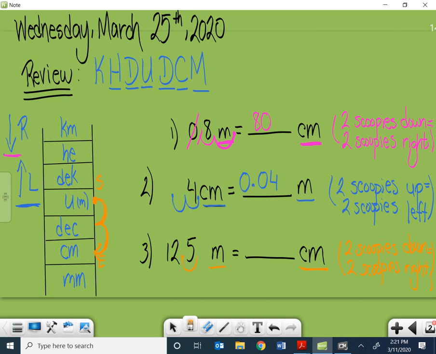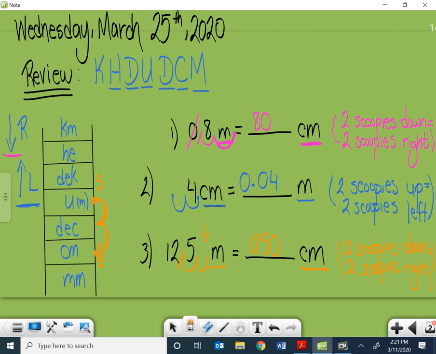So 1 scoopie, which is the 5, and then 1 more scoopie, which is where my new decimal is going to be, right? And you forget about this first decimal. So now it becomes 1, 2, 5, and if I have an empty scoopie, I know I need to fill it in with a 0. So now, therefore, 12.5 meters is equal to 1,250 centimeters, okay?